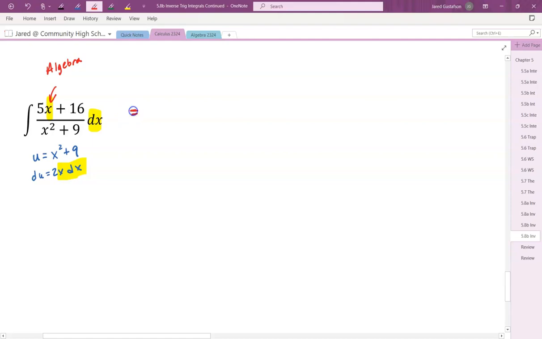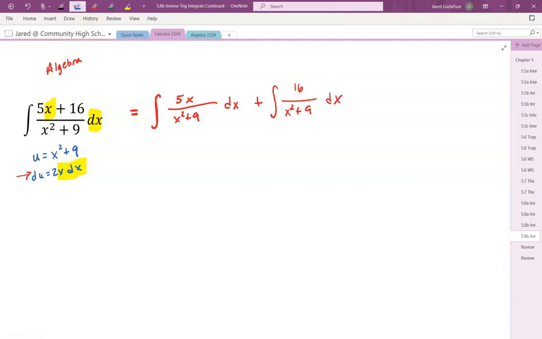If we take this integral, which with the 5x we can do u sub, with the 16 we can think about this in terms of some inverse trig stuff. Well, what if I just broke up this integral into two pieces? 5x over x squared plus 9 dx plus integral 16 over x squared plus 9 dx. Now, I can use both of those ideas. Isn't that so fun? We get to do twice the work.